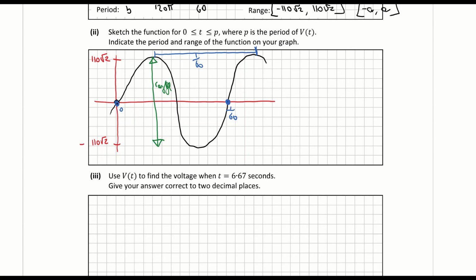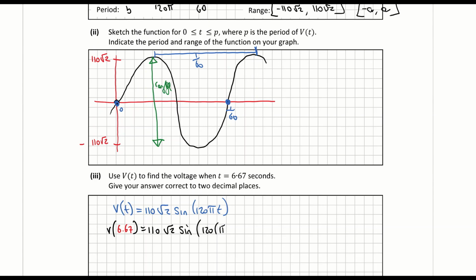Use the function for volt to find the voltage when t is equal to 6.67. That's fairly straightforward. My function is V of t equals 110 root 2 sine of 120 pi times t. All I'm doing here is subbing in 6.67 for t. So the voltage at time 6.67 is 110 root 2 times sine of 120 pi times 6.67.